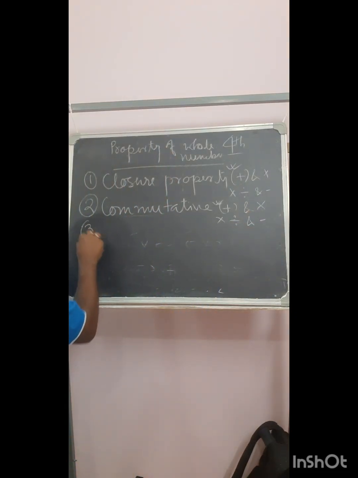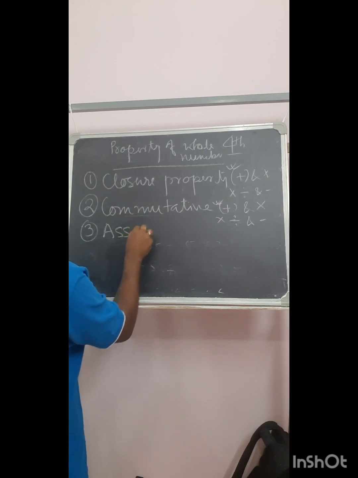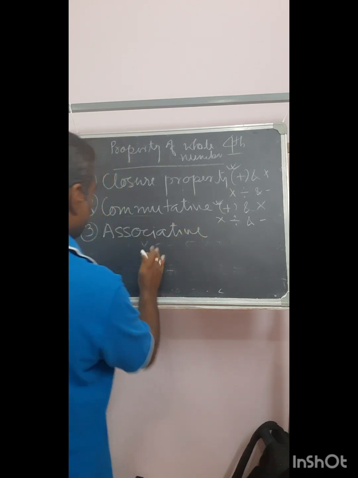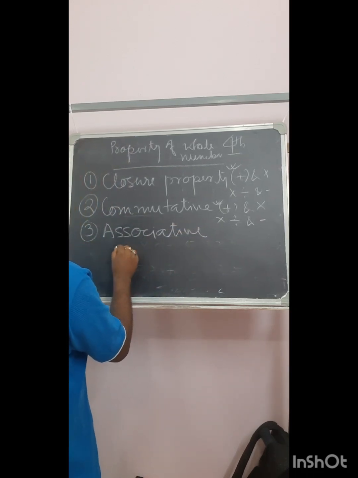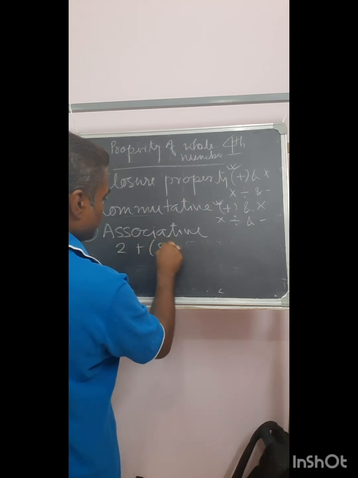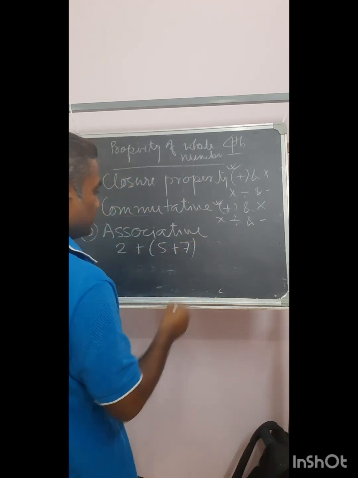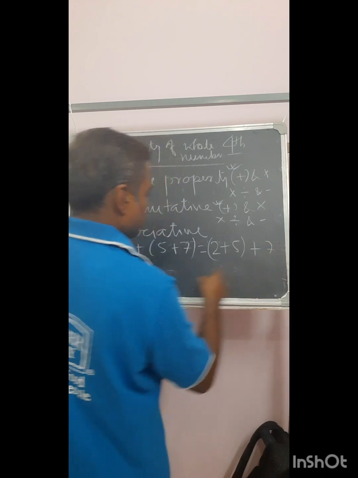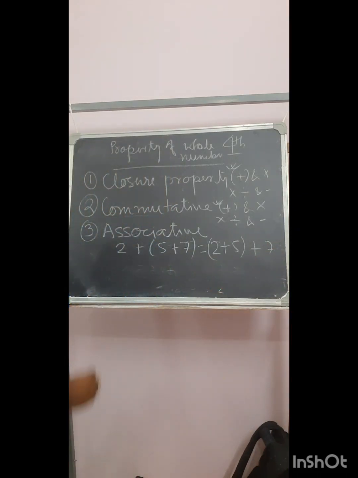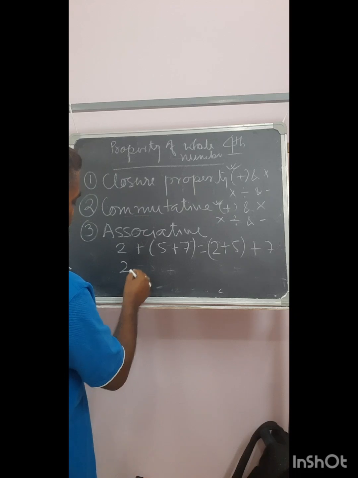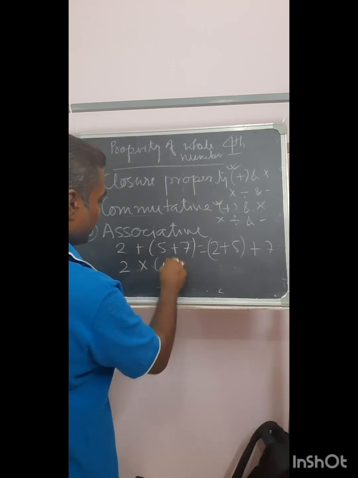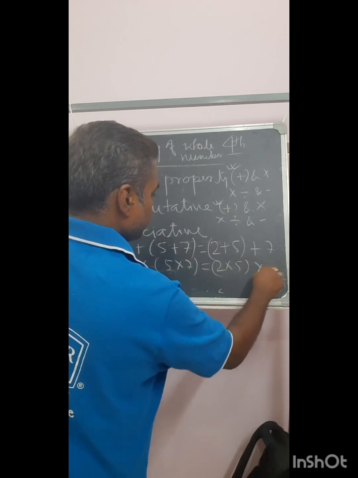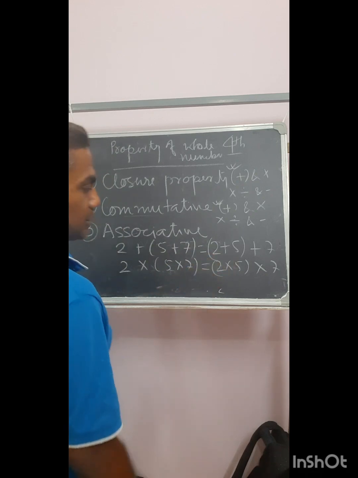Now the third law is associative. In associative, if I take addition, 2 plus 5, plus 7, whichever way I group the operation, the result does not change. The same thing, if I say 2 into 5 into 7 is the same as 2 into 5 into 7 grouped differently, so if I change the grouping, the result doesn't change.